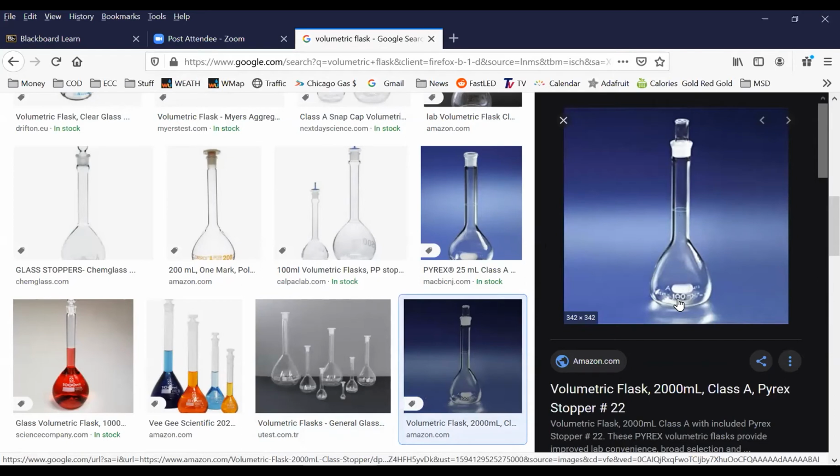When this is 100 mil, you put your solute in there and put some liquid, dissolve it if it's not already dissolved. Then you put enough solvent, mostly water, to reach that line. And these are accurate to usually 2 or 3 significant figures past the decimal. This is special glassware that was created just to make stock solutions.